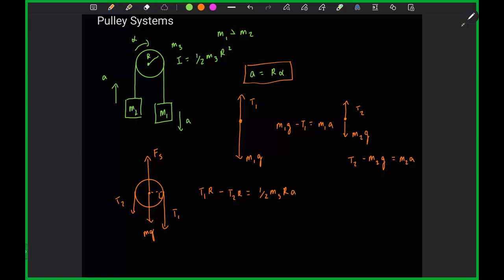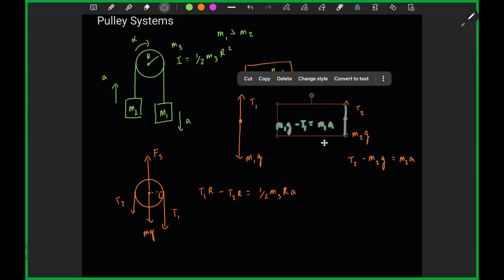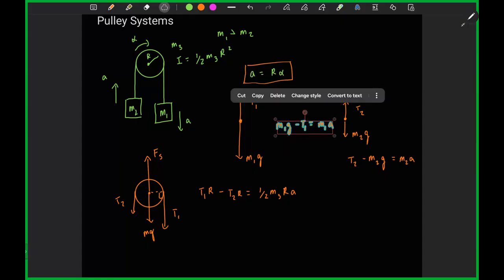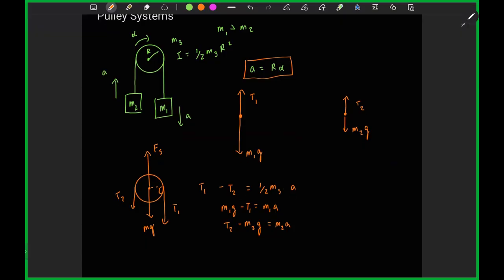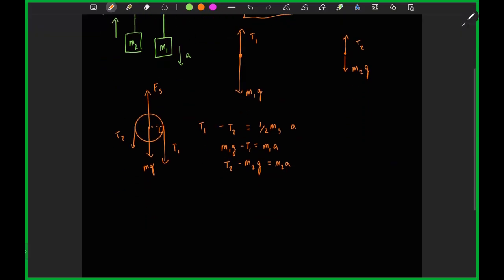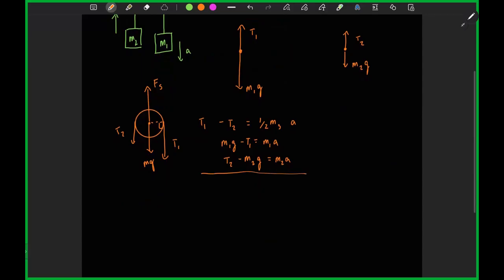And so now let's put all of this together. We can cancel out that last factor of r, leaving us now with a nice system of three equations in three unknowns with our usual beautiful dynamics property, namely T1 positive here, negative here, T2 negative here, positive here. We can add our equations.